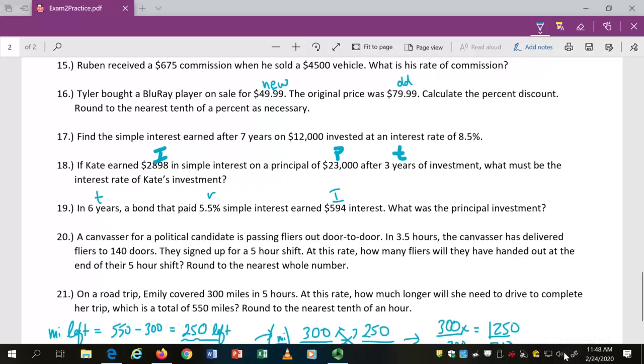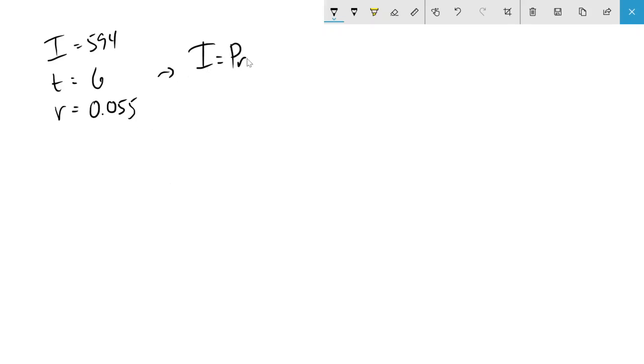So if we maybe clear this out, the interest was 594, the time was 6 years, and the rate was 5.5%. So we're just going to plug that into our formula here.